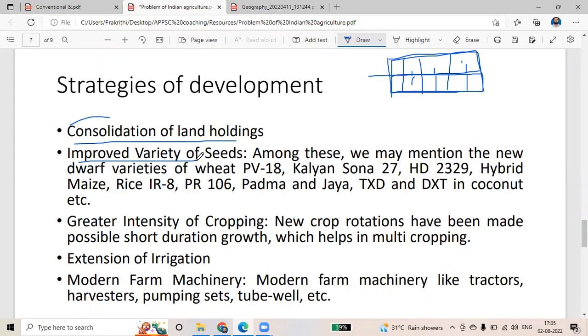There are a lot of problems, locally and geographically, in agriculture. So these high yield variety seeds can overcome them on their own, and can sustain these problems.